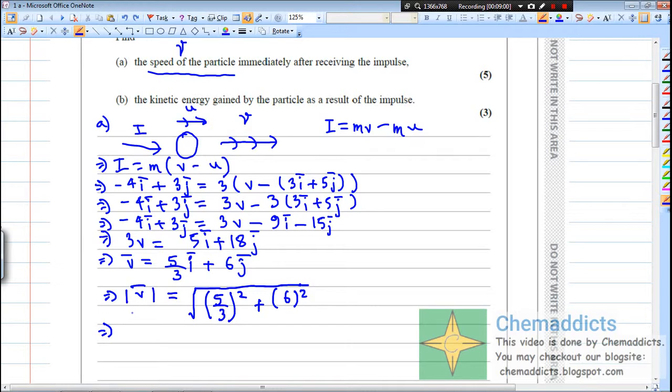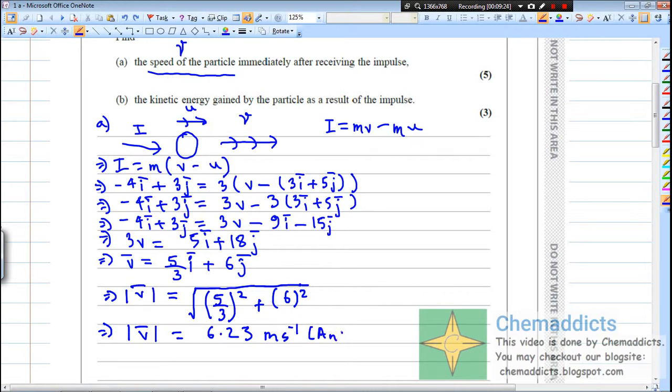We are just finding the magnitude of velocity. That's it. So if we find out the magnitude of velocity, we will end up with 6.23 meter per second. Well, that's the answer to this question.